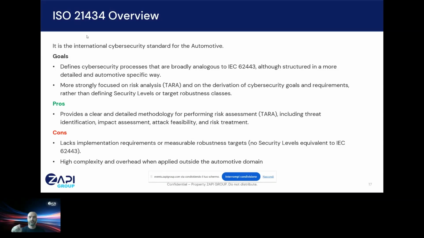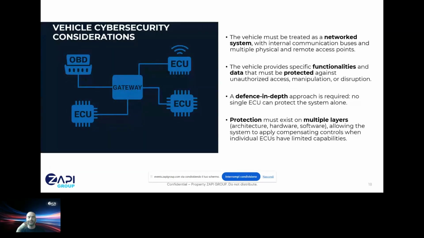So just to move this consideration to the vehicle. The vehicle can be considered as a networking system. As I told before, this vehicle should have some assets that need to be protected.